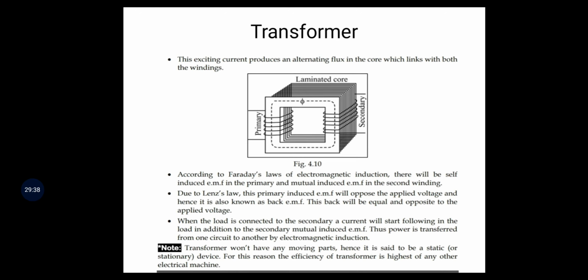This magnetic flux flows through the laminated core and creates a magnetic circuit. Due to this flux in the primary winding, an induced EMF is produced, called self-induced EMF. In the secondary winding also, EMF is produced. This EMF is called mutual induced EMF.